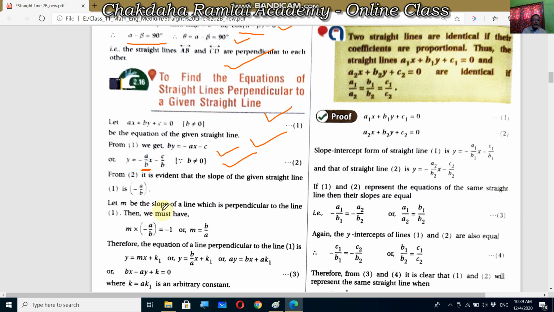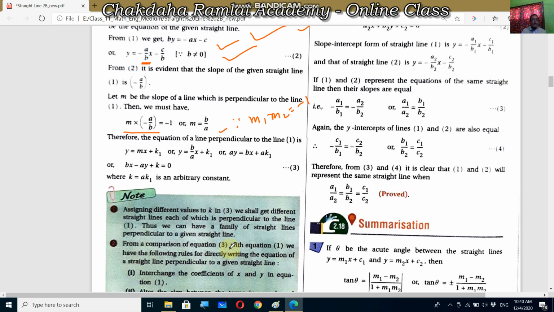Let m be the slope of a line which is perpendicular to the line 1. Then we must write m into minus a by b is equal to minus 1, since m1 m2 is equal to minus 1. So m is equal to b by a.